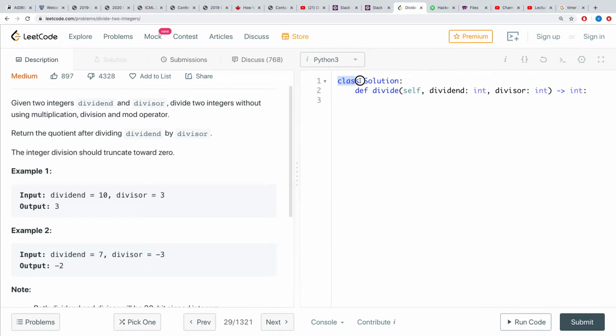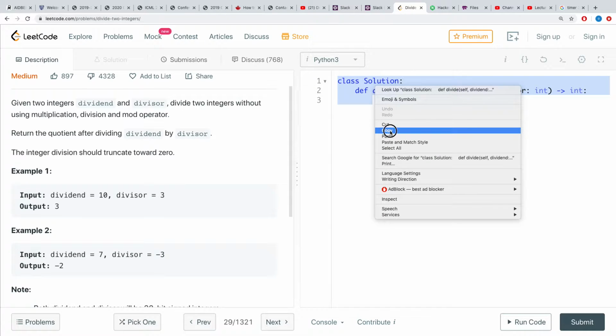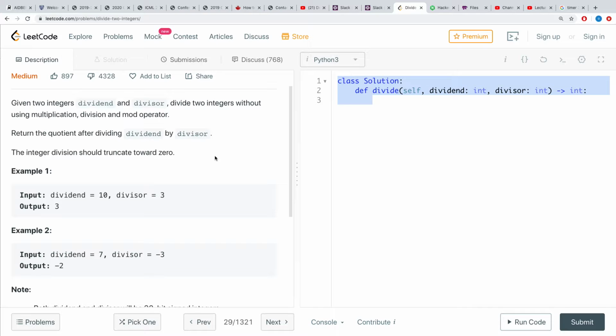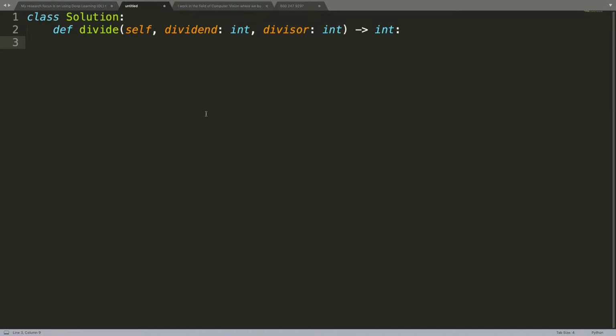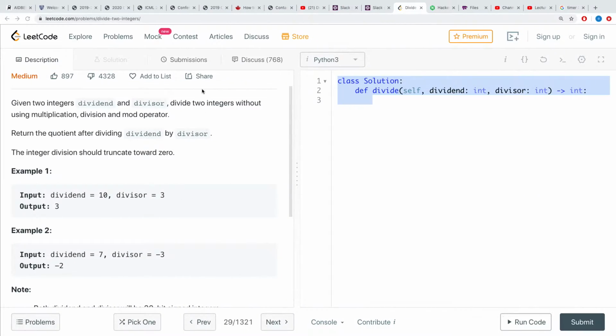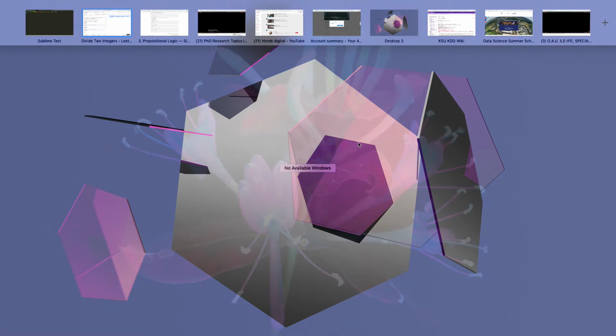So I'm going to copy this into another screen, which is where I want to write my code. In order to avoid moving here and there, I'm going to move this to another screen.